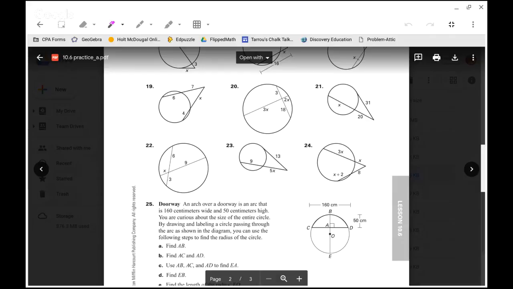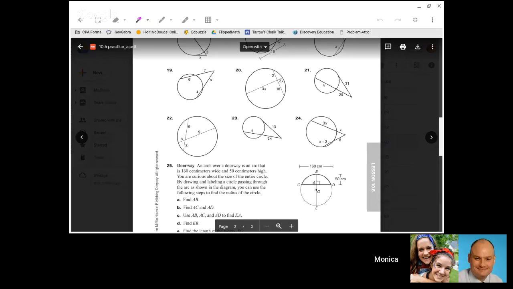So when you have these two chords that are inside the circle like this, you just take the part of one chord times the other part of that chord, and then set that equal to this part of that chord times that part, okay? So you'll have x times 9 equals 3 times 6, which is 9x equals 18, and x equals 2.